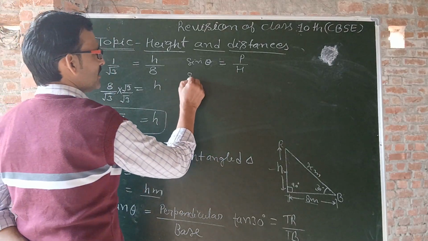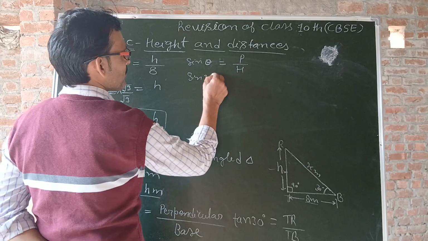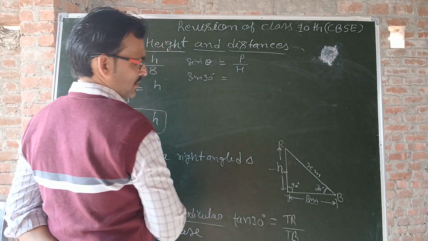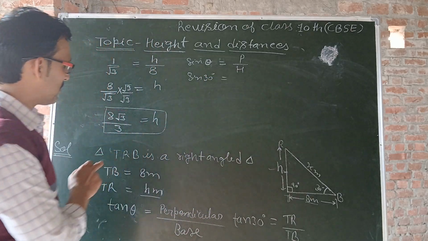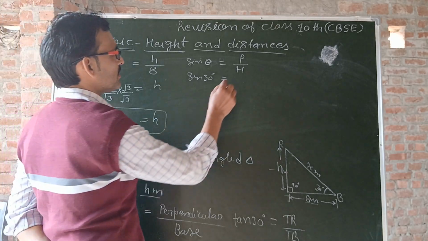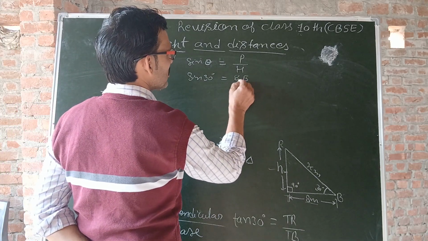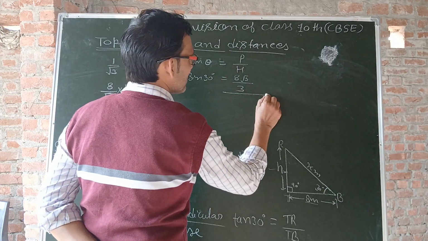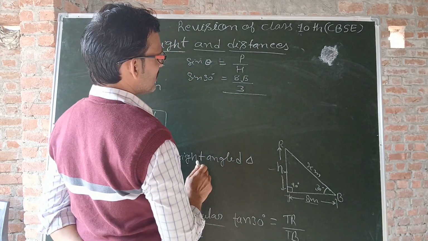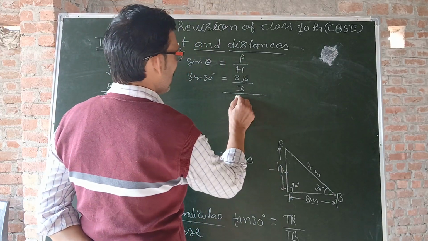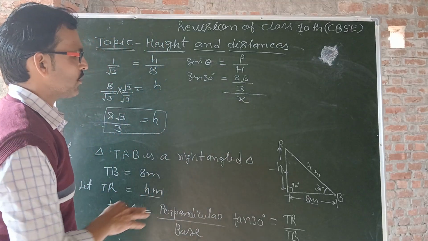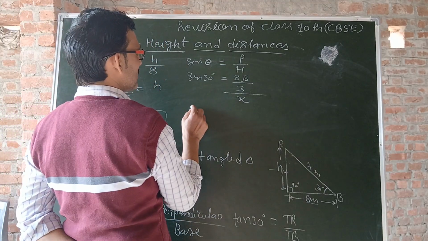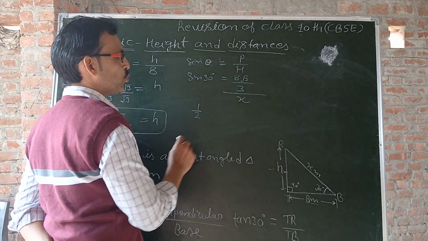Sine theta is here 30 degrees, and perpendicular is what we already found, 8 root 3 upon 3, and hypotenuse is x. So we put the value of sine 30, which is 1 upon 2.